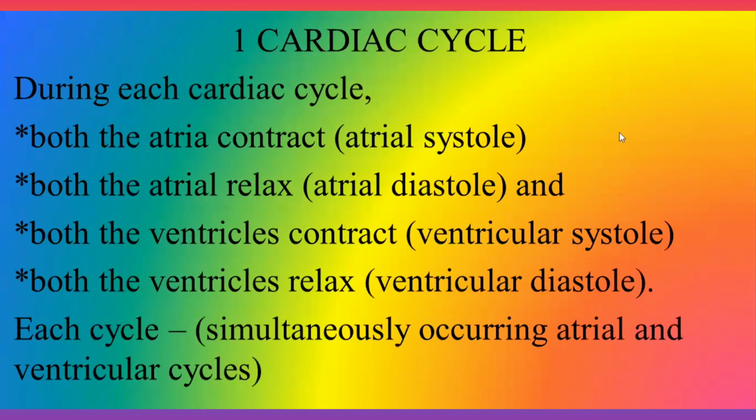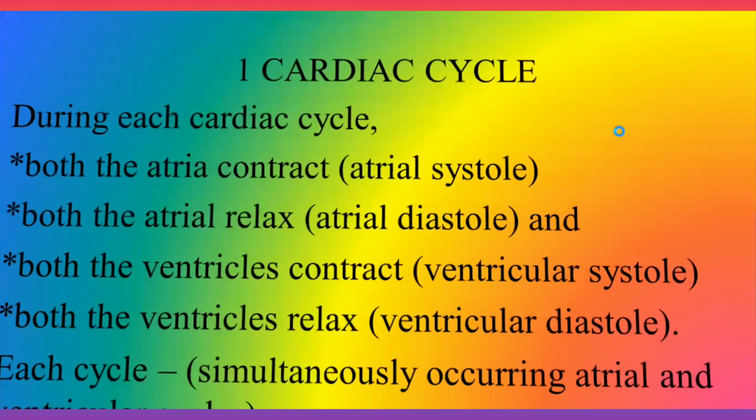For one cardiac cycle, what are the events taking place? Both the atria will contract and both the atria will relax. Ventricular systole will happen, ventricular diastole will happen. So we can say that the cardiac cycle is nothing but the simultaneously occurring atrial and ventricular cycles.